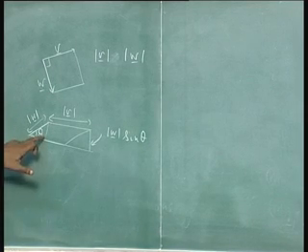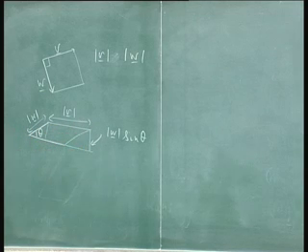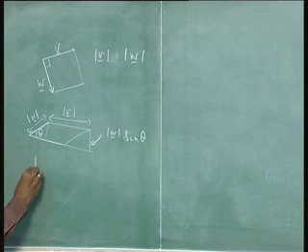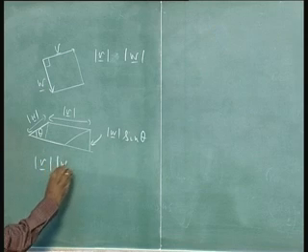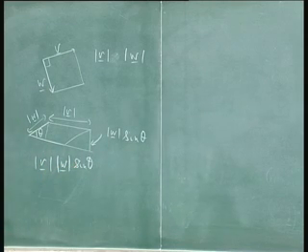So, the area of this parallelogram is the same as the area of the rectangle: magnitude V, magnitude W, sin theta. And this is the same formula that you get for the cross product.